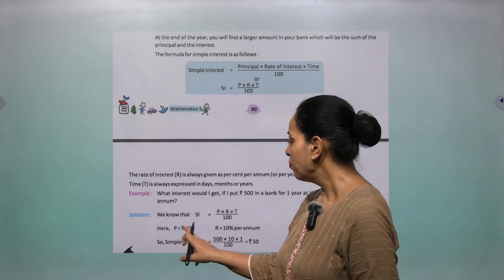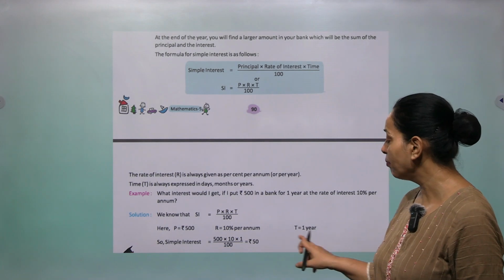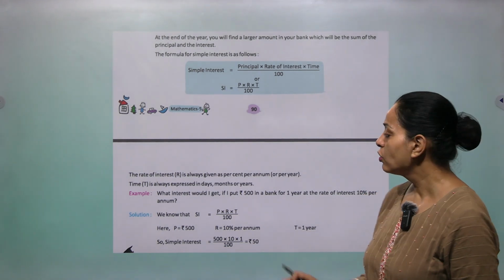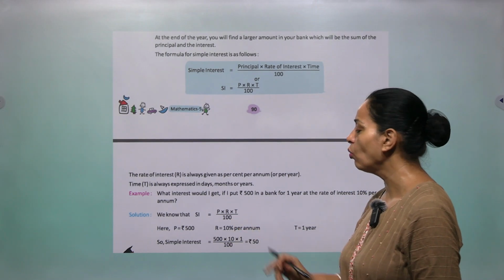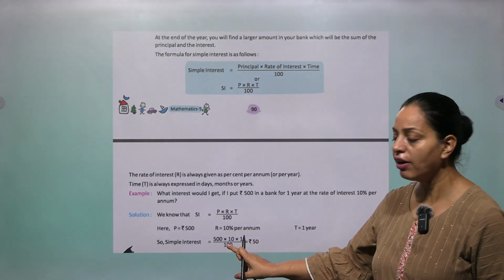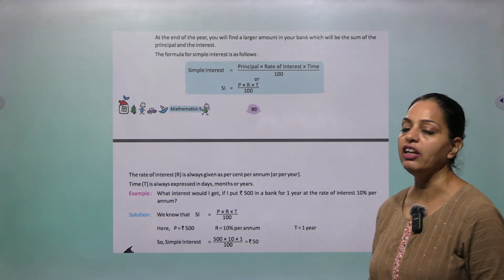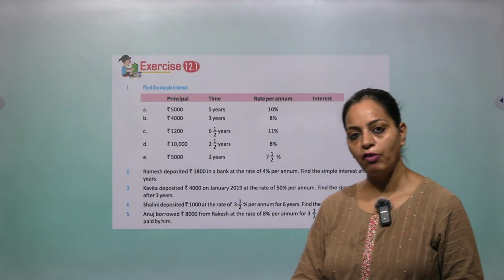So you will write P equals rupees 500, R equals 10% per annum, and time is 1 year. Apply the formula, simple interest equals P into R into T by 100. Just substitute the values over here. Cut the zeros. You are getting rupees 50. So simple interest is rupees 50.